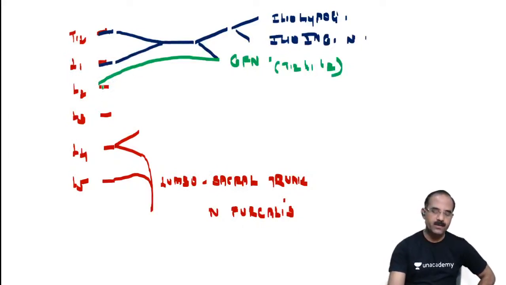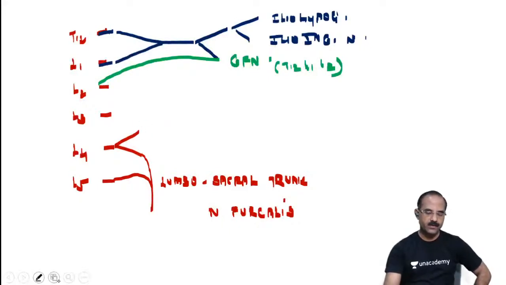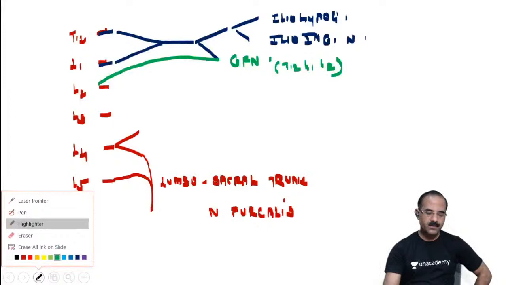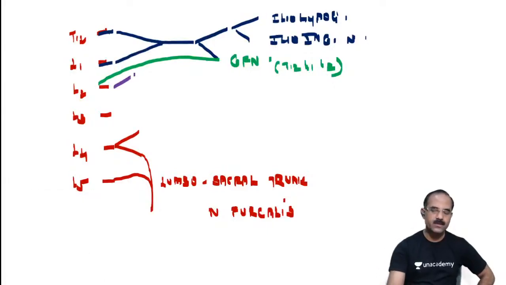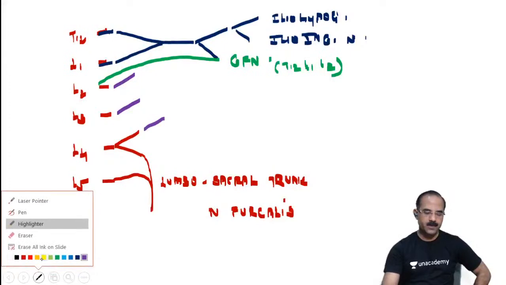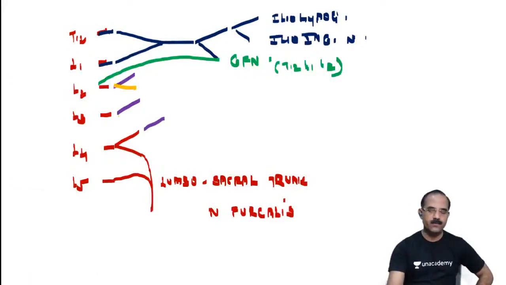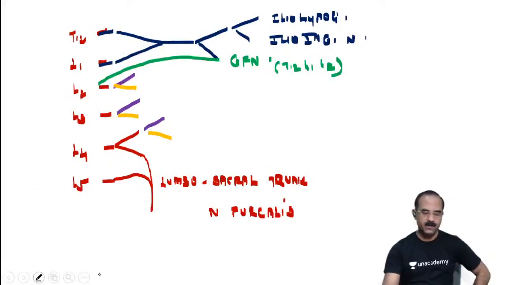After this, the ventral ramus of L2, L3, and L4 divides into two divisions: dorsal and ventral. Don't forget, the ventral ramus divides, into dorsal and ventral divisions.